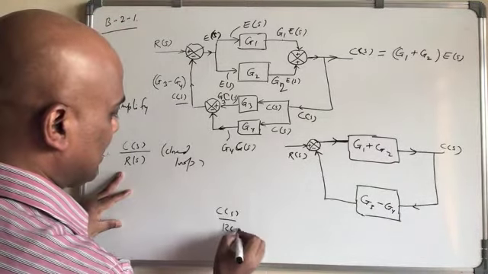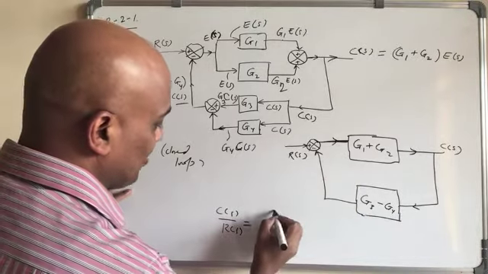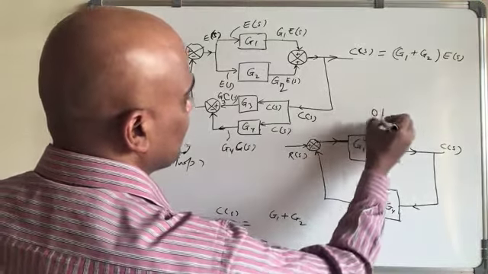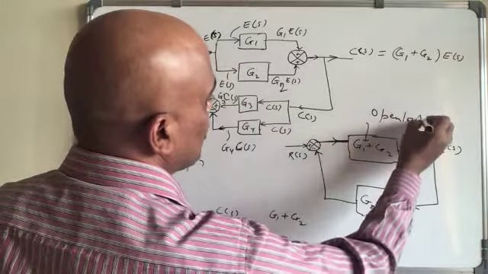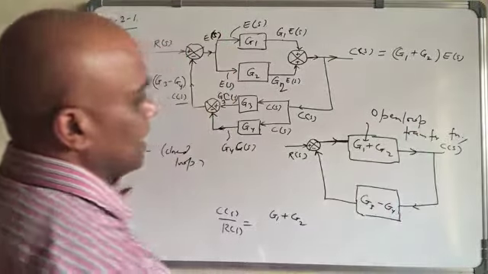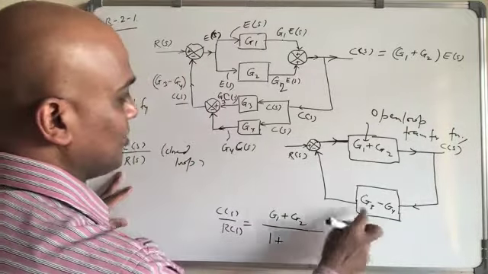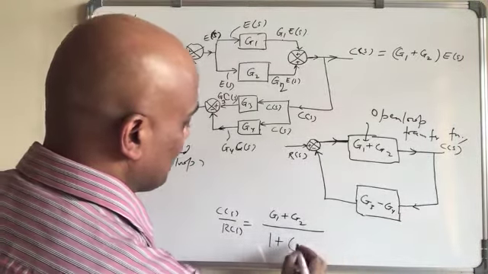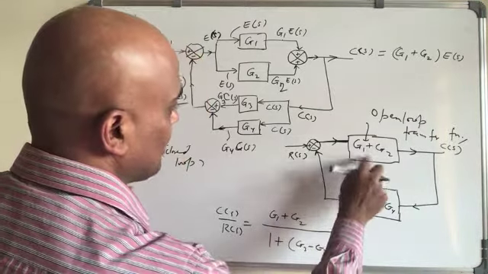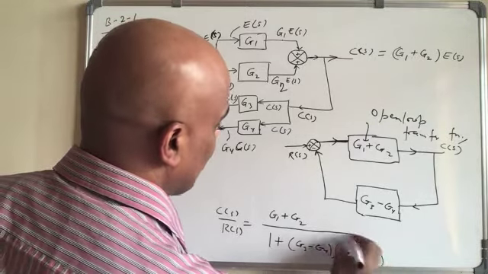C(s) over R(s) will be equal to the open loop transfer function, which is G1 plus G2. This is the open loop transfer function, and then plus, whatever you get here, G3 minus G4, multiplied by the same again. So G1 plus G2 will be the answer.